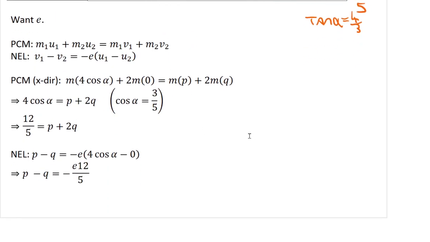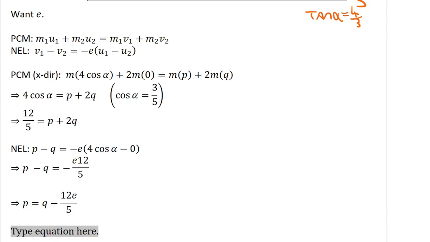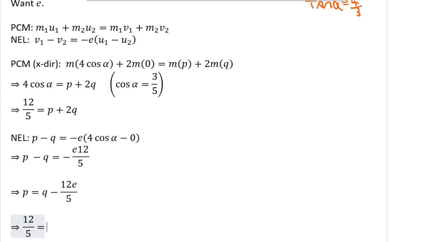So we want to find out what P and Q are, and they will have E in there. So I'm going to write P equals Q minus 12E over 5 from that NEL equation, which means that 12 over 5 equals Q minus 12E over 5 plus 2Q.